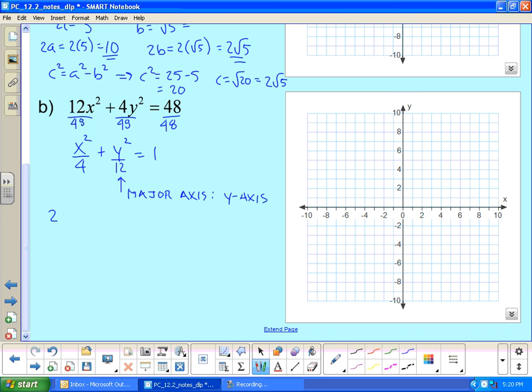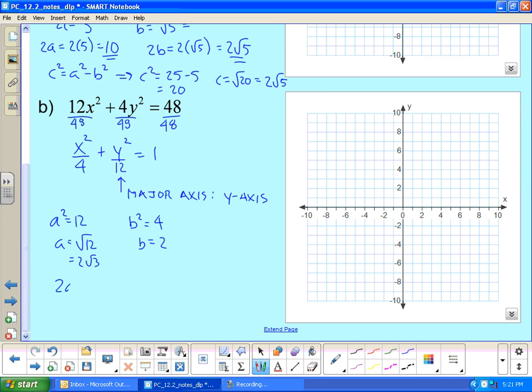And that means that a squared is equal to 12. That means a is equal to the square root of 12, which is 2 root 3. B squared, these would be plus minus, by the way, if we're able to go both directions. B squared would equal 4, which means b is equal to 2.